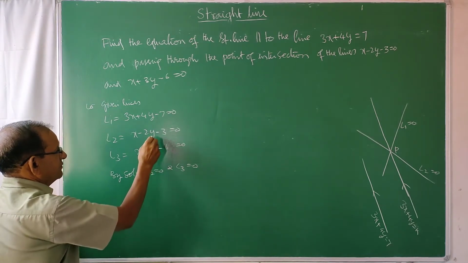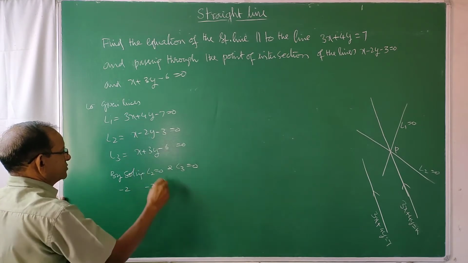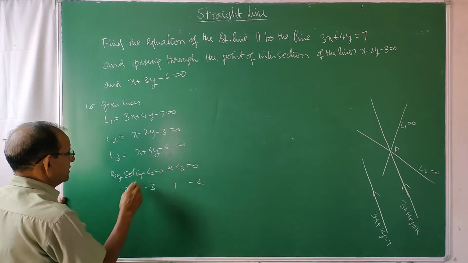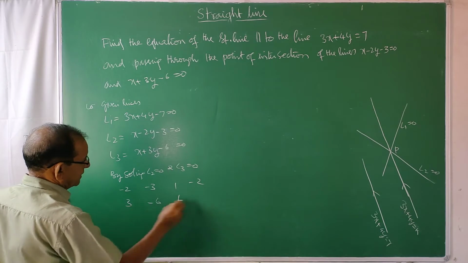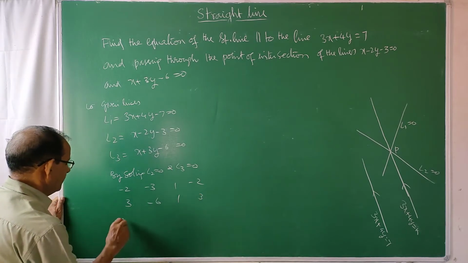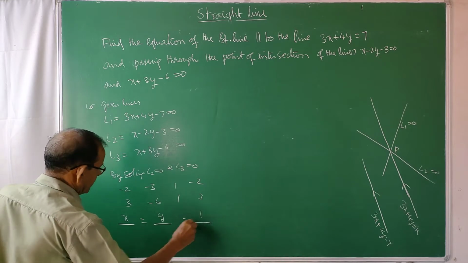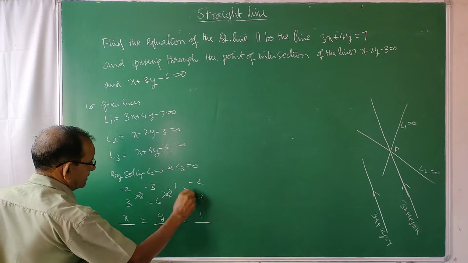Start with the coefficient of y: minus 2, constant minus 3, x coefficient is 1, again repeat minus 2. Similarly from the second one, y coefficient is 3, constant is minus 6, x coefficient is 1, and again repeat 3. So you have to write x by y by 1 by this minus this, this minus this, this minus this.